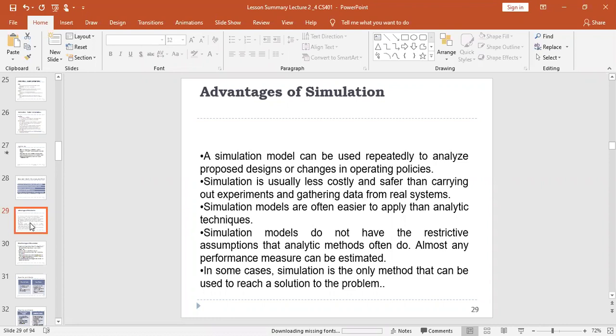This we know. If you're sitting behind your computer and observing the behavior of a system, it's less costly than traveling all the way to go and observe the system, or even to build a real life system for demonstration. It's very expensive. But you can easily do that using a simulation and change the parameters without any extra cost. Now, simulation models are easier to apply than analytic techniques.